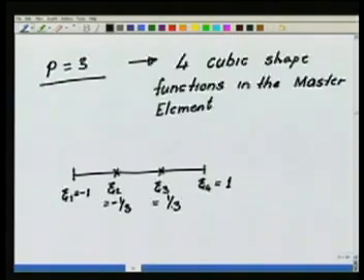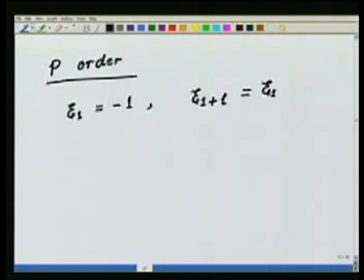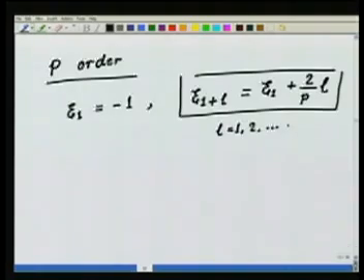So as we had given the algorithm earlier, we can apply the algorithm here. For an element of order p, psi 1 is equal to minus 1 and psi 1 plus L is equal to psi 1 plus 2 by p into L, for L equal to 1 up to p.